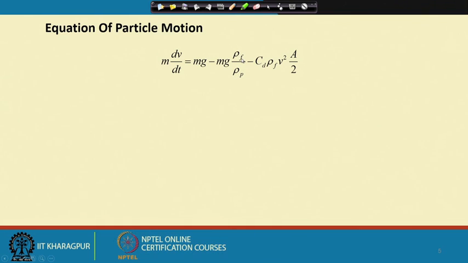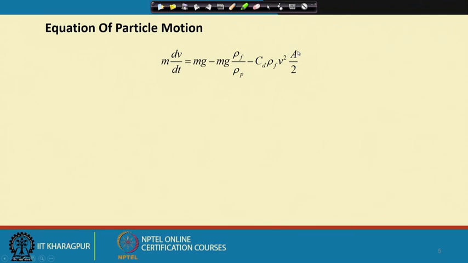Rho f is the fluid density, rho p is the particle density, and minus C d, I will come to this later, minus C d rho f, the fluid density, times V square, the velocity of the particle, multiplied by A by 2.